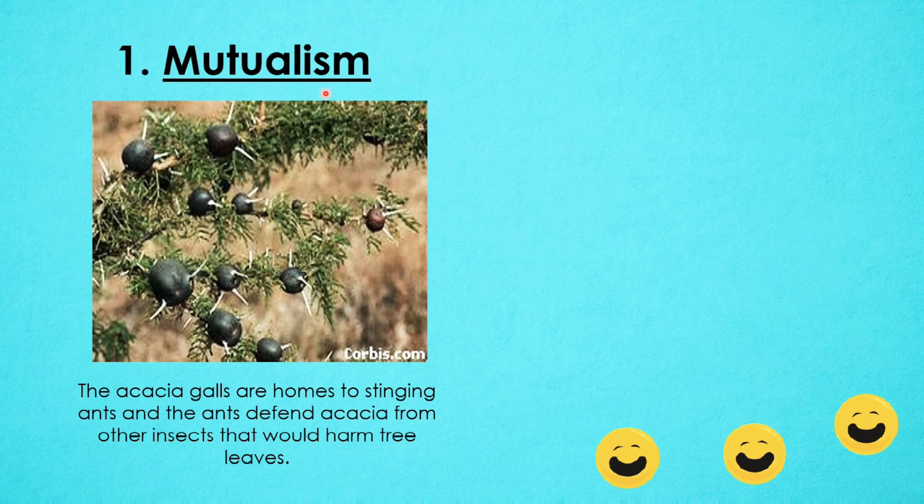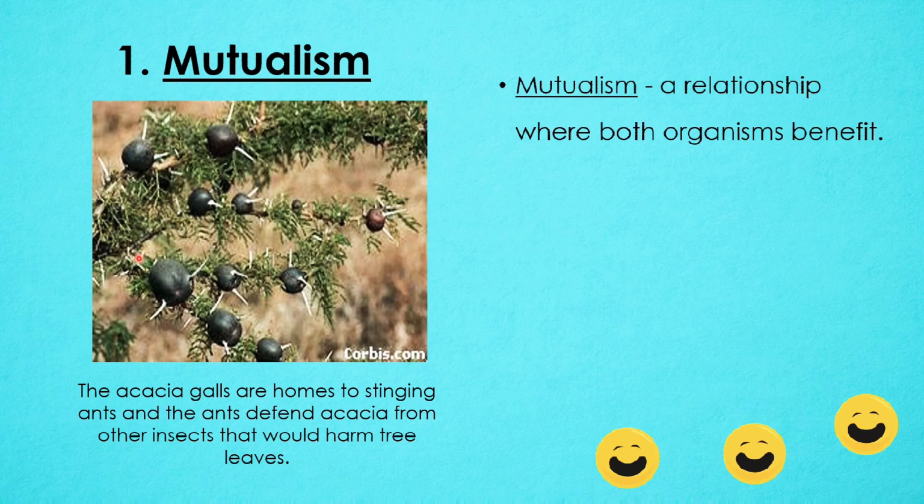We have mutualism as our first one. When we say mutualism, it's a relationship where both organisms benefit from each other. For example, we have the acacia galls, which are the homes of the stinging ants. These ants also protect the acacia from insects that will harm its leaves.